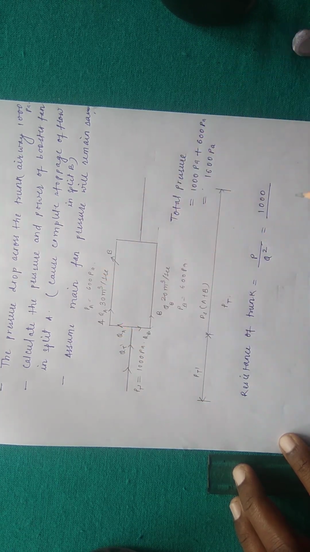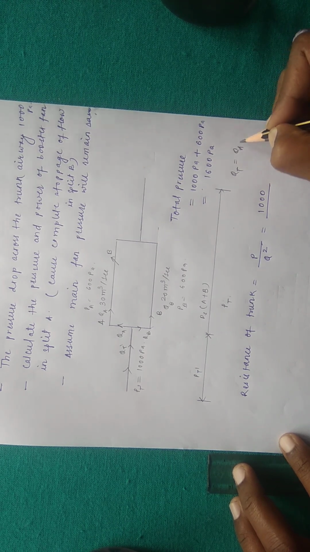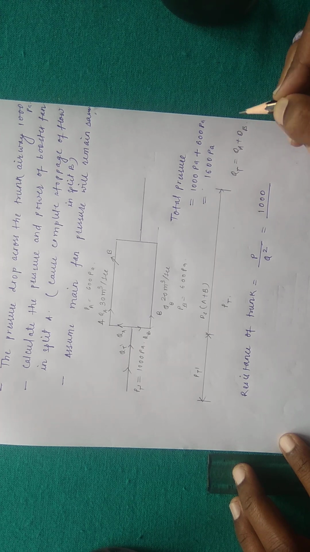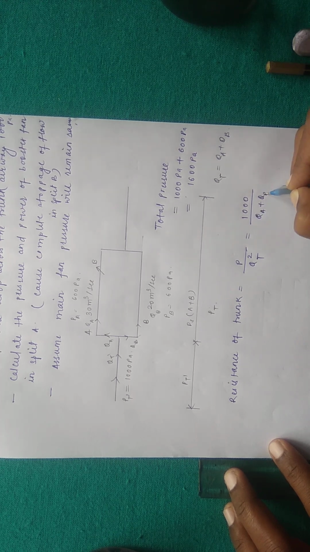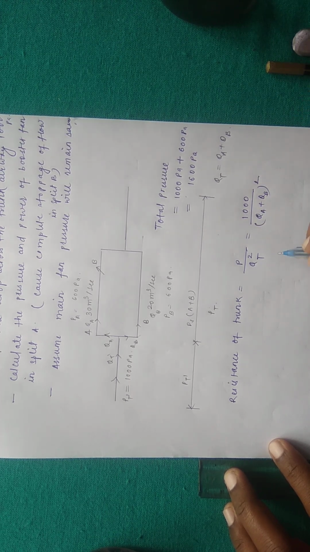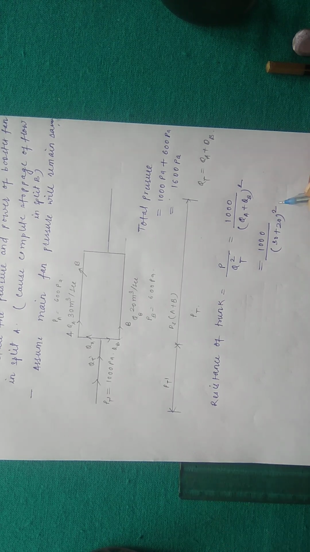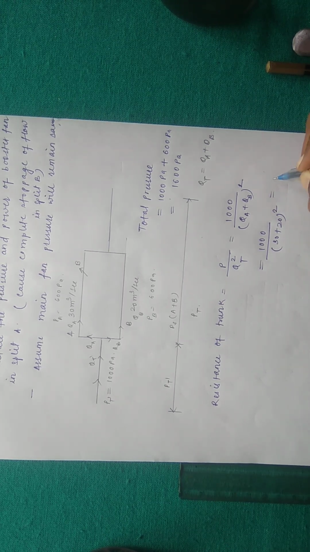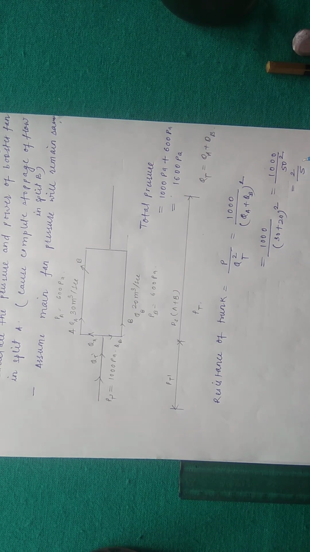The trunk quantity will be quantity A plus quantity B. We can use this in this figure: QA plus QB raised to the power 2, that is 30 plus 20 raised to the power 2, which gives 50 square. Now after solving this, 2 by 5.